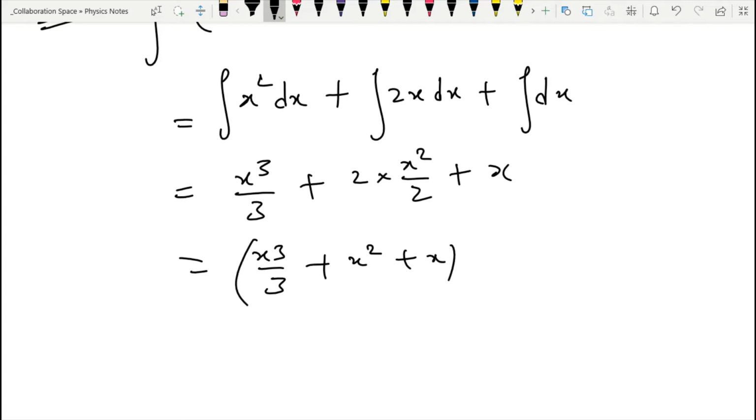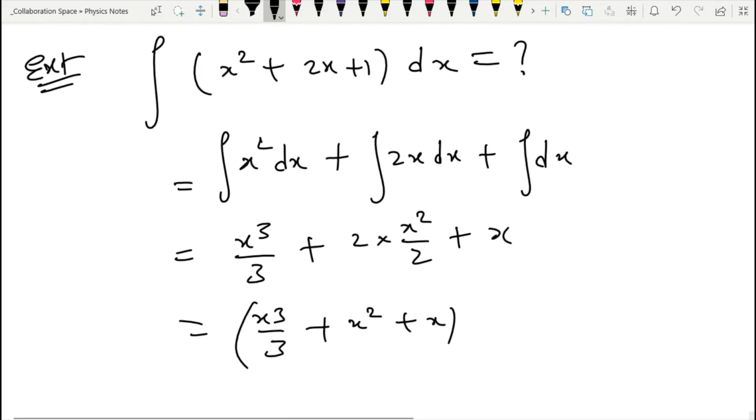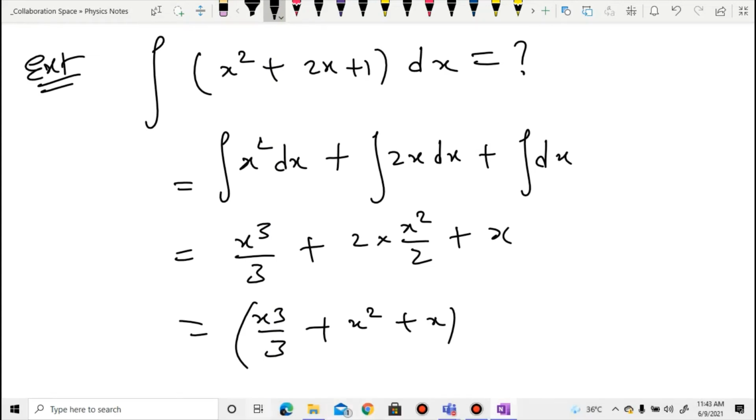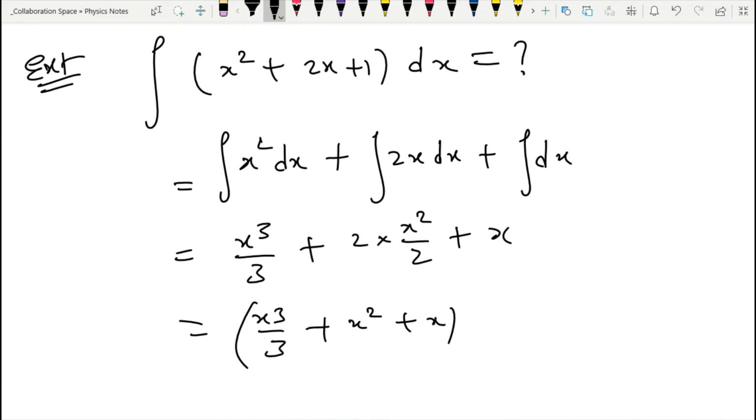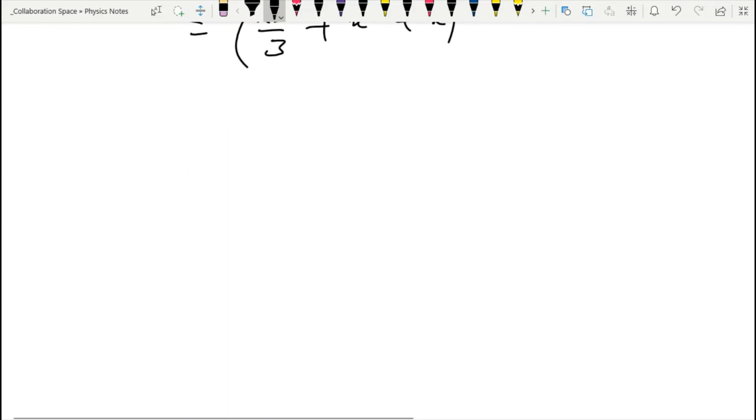So this is the integration of this function. Clear or not? Yes, sir. Any doubt? No, sir. Let us move to the next one.